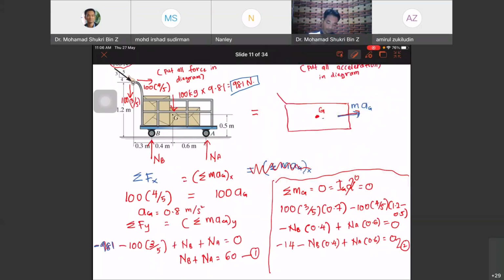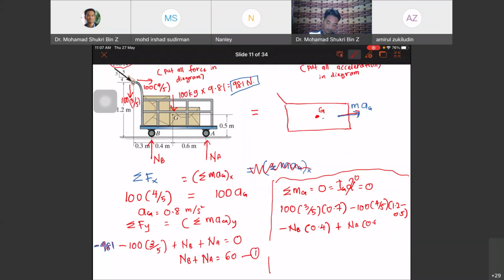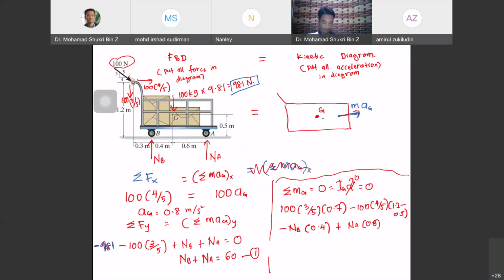So ni salah lah. Tak lah. Okay. Kemudian disebabkan oleh okay, moment pada G 0 lah.